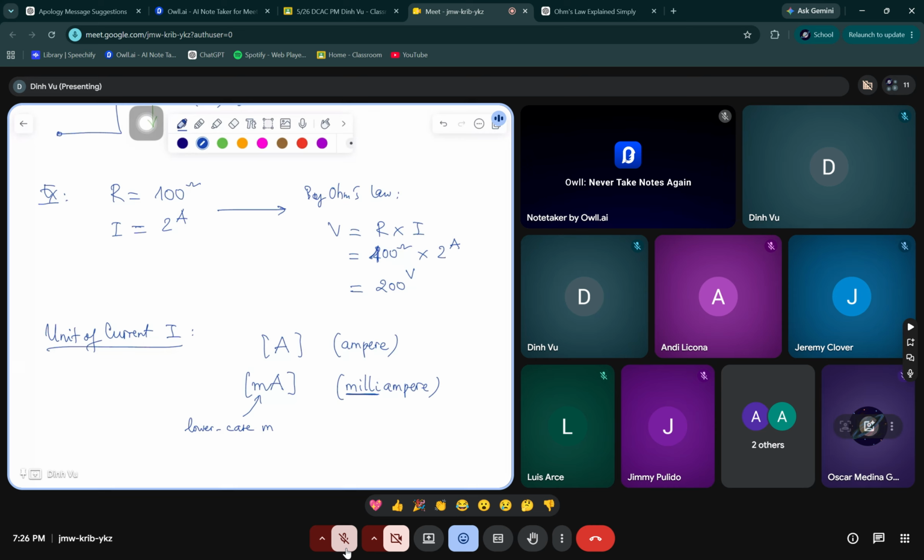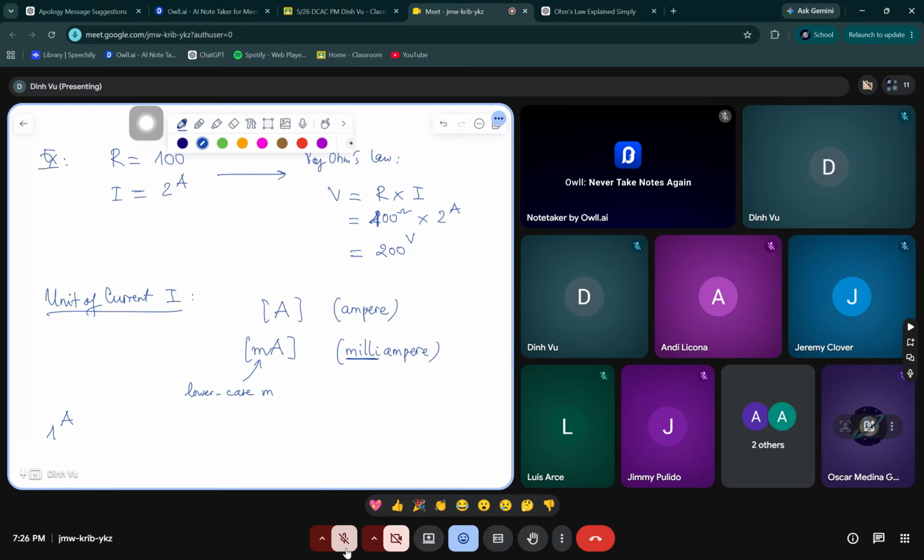Milli means that this is 1,000 times smaller. So 1 ampere is 1,000 milliampere. Milliampere is smaller than ampere, 1,000 times smaller.